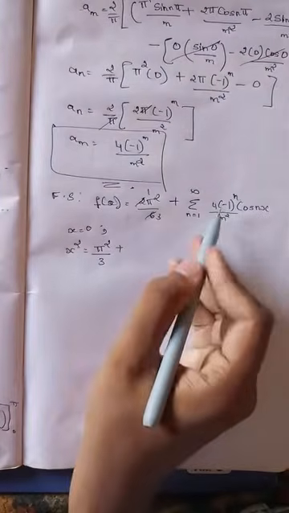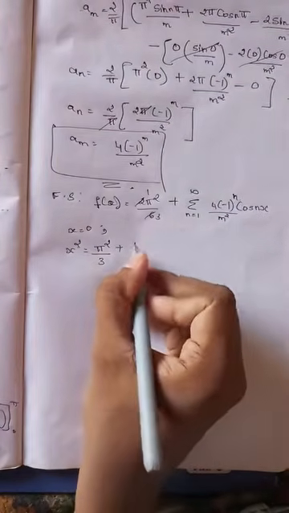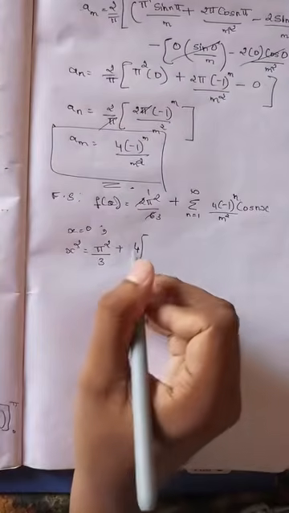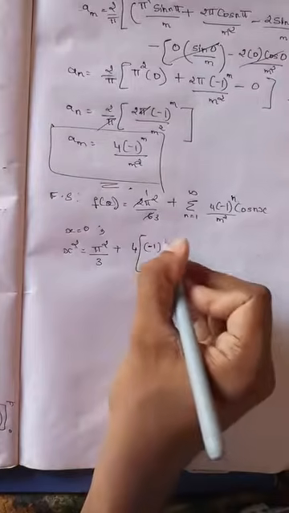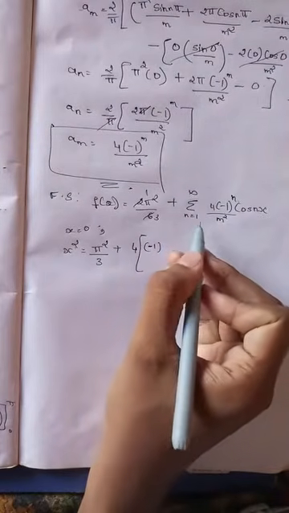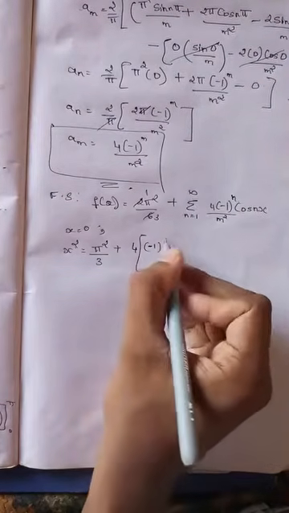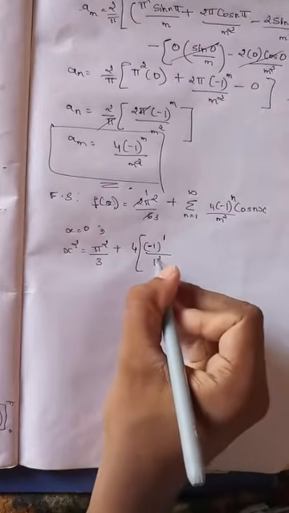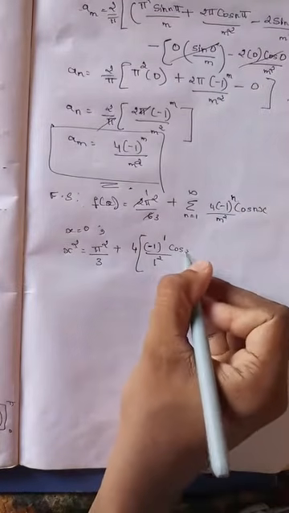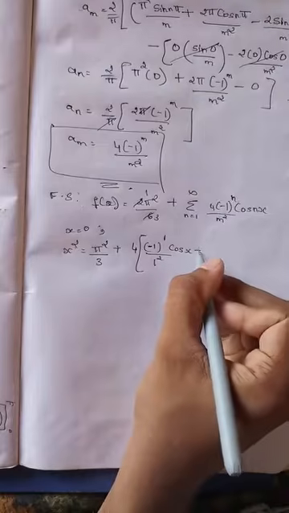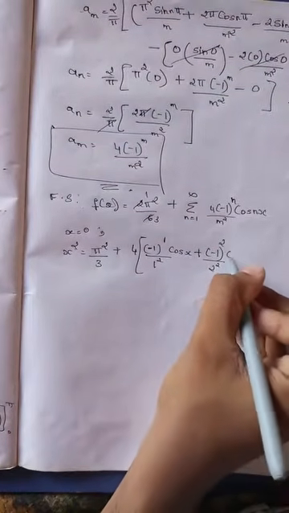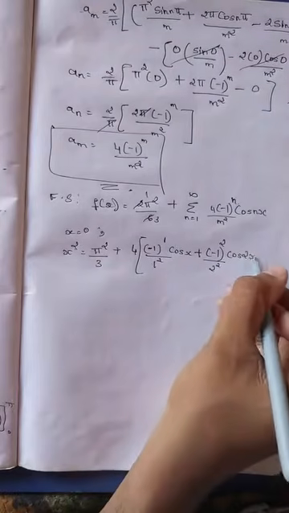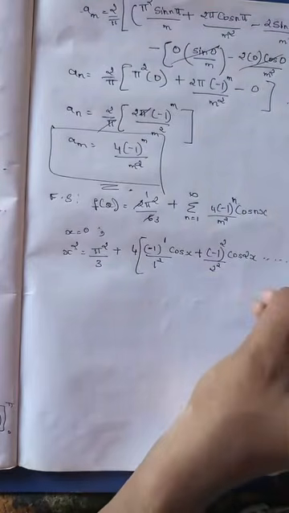So in this function 4 is common, it's constant, so we can take it outside and substitute the values of n. So minus 1 to the power, n tends to 1 to infinity, right? So you need to start from 1, minus 1 to the power 1 by 1 square cos x plus minus 1 to the power 2 by 2 square cos 2x, and this goes on.